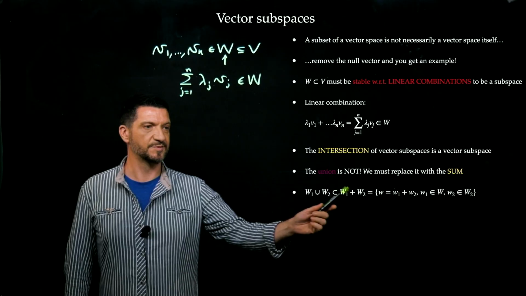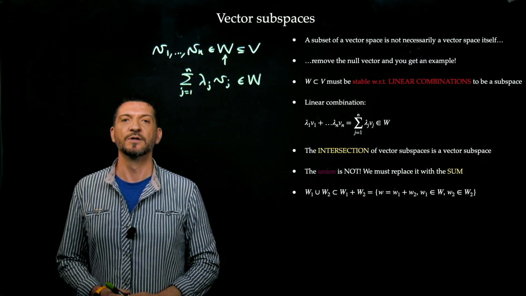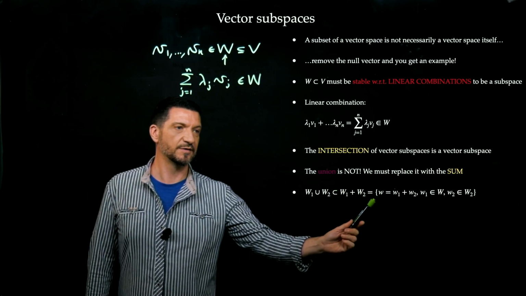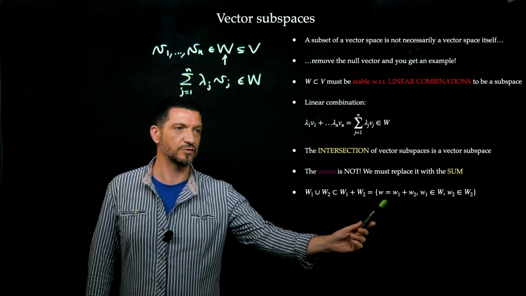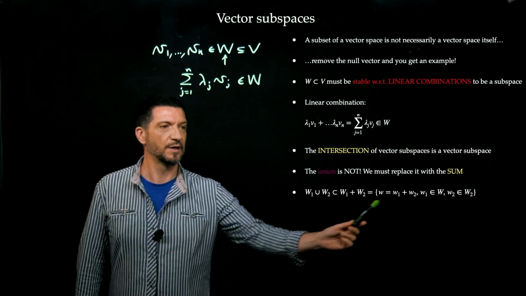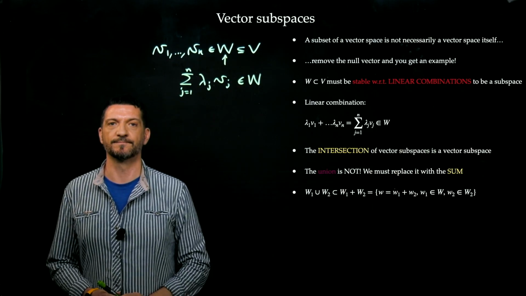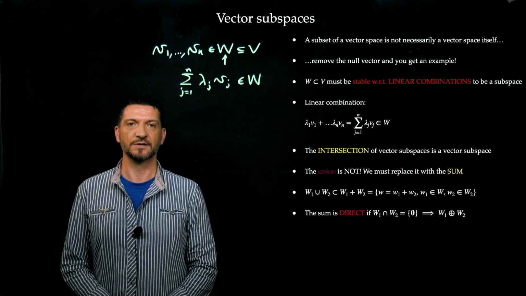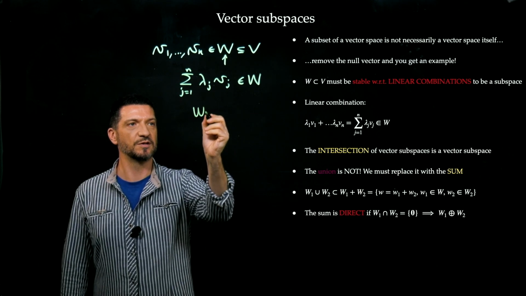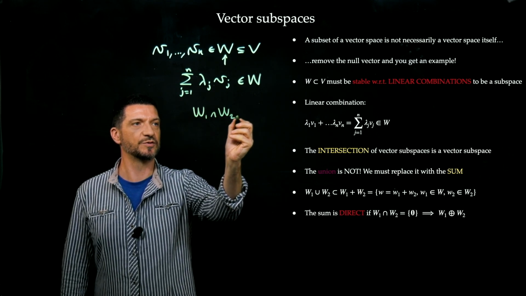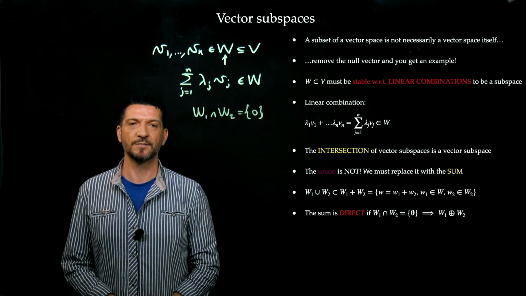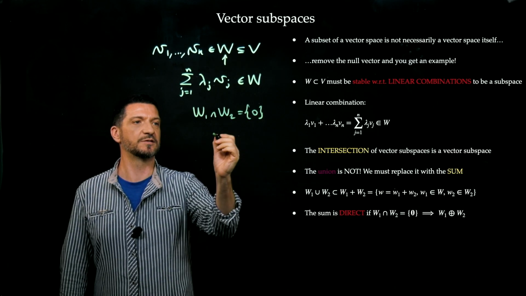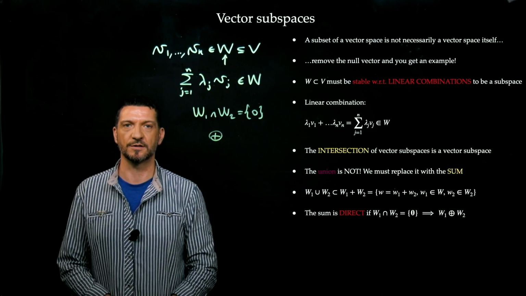Given two vector subspaces W1 and W2, their sum is simply defined as the set of vectors that can be written as the sum of a vector belonging to W1 and a vector belonging to W2. Finally, we have seen that if the intersection between W1 and W2 is reduced to the only null vector, then their sum is called direct, and it is indicated with this symbol here.